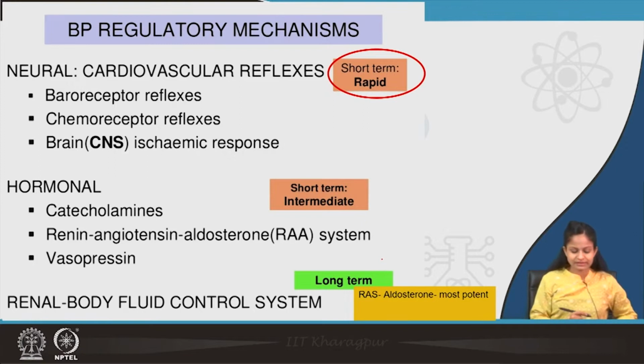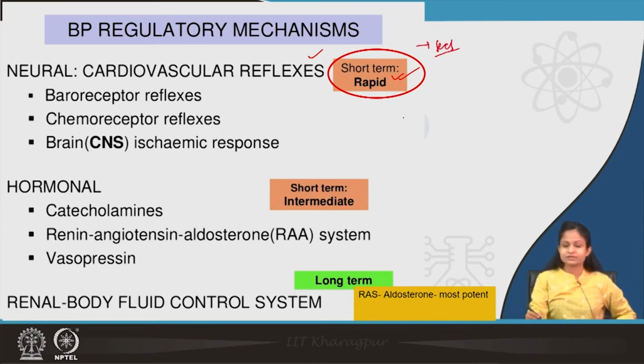The blood pressure is regulated mainly based on 3 mechanisms depending on the time period. Within seconds, if I want to compensate my blood pressure, the short term or rapid mechanism is important, which occurs within seconds. In case of hormonal mechanisms or intermediate mechanisms, that usually occurs in minutes or days.